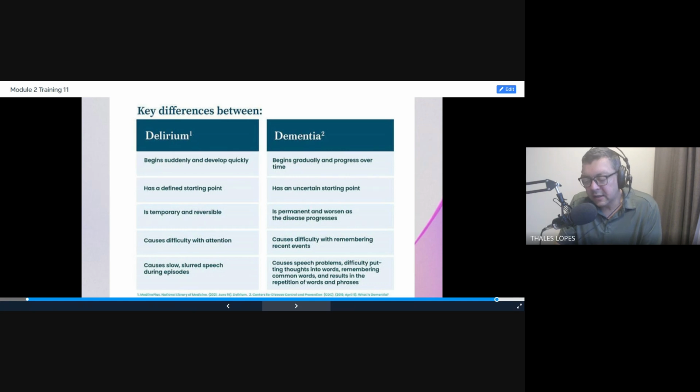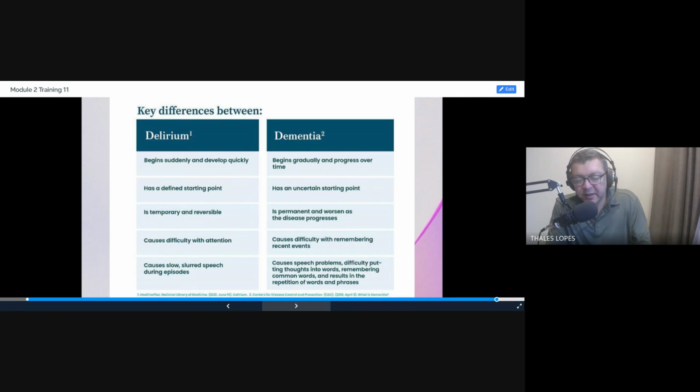Most likely, don't call delirium right away. It could be an infection, it could be something else. You get all your labs, everything is okay, you check, and then you can call it delirium. Patient agitated, give haloperidol. So delirium in itself is fast, hours to days, maybe a week.